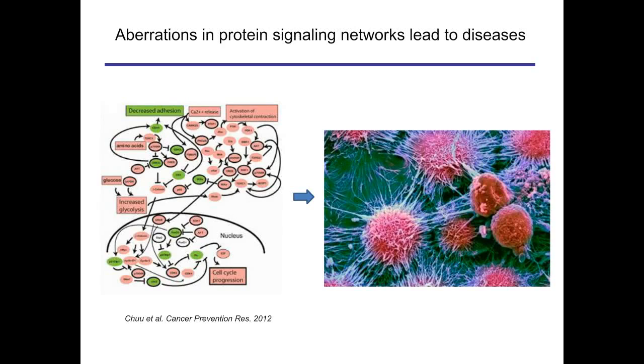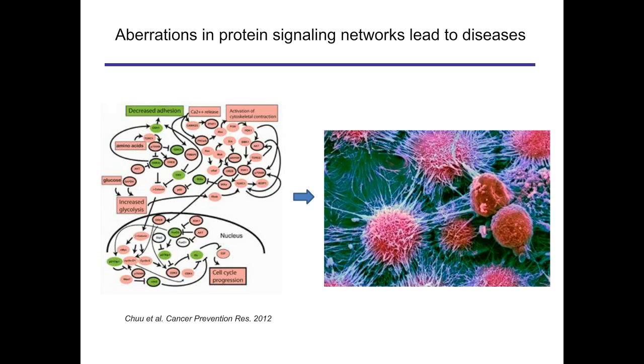So as I mentioned, aberrations in protein signaling networks lead to diseases. On the left, I depict a cell signaling network that I studied while I was an assistant professor at the University of Chicago, and it was subsequently published in Cancer Prevention Research, where we studied the action of honeybee hive propolis, which is material that bees use to stitch up their hives.